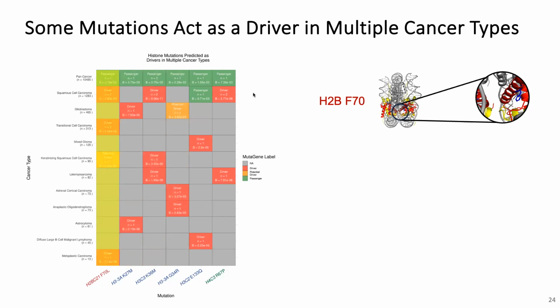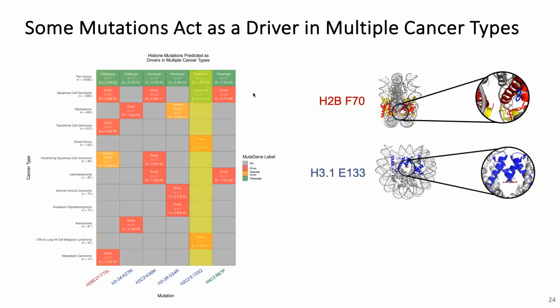And within our data set, this is still the most frequently observed histone missense mutation that we have. And through using our information from the histone interaction networks, as well as delta G prediction methods, we found that this mutation is able to disrupt histone-histone interactions inside of a hydrophobic pocket deep within the nucleosome. So a potential mechanism for this mutation is that it could be disrupting nucleosome structures.